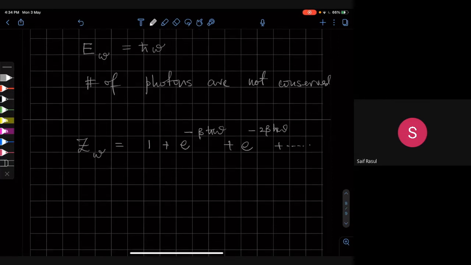Now, this is a geometric series which sums up to 1/(1 minus e to the power minus beta h bar omega). So this is the partition function for photons of frequency omega.